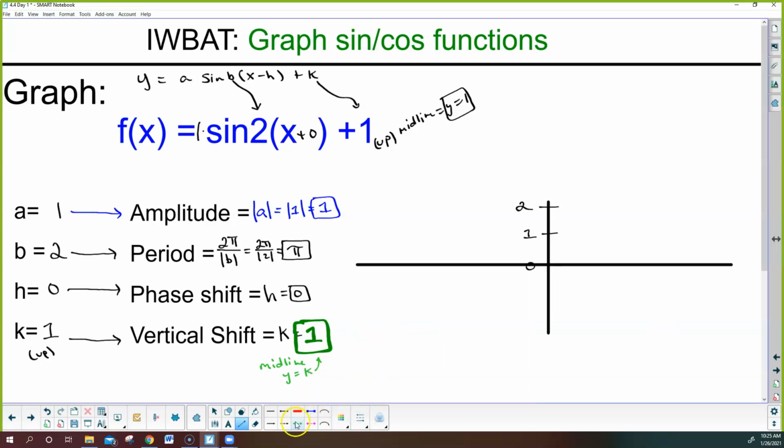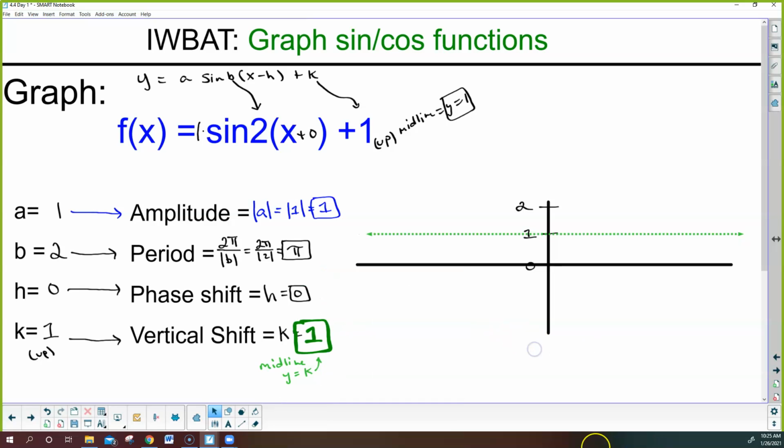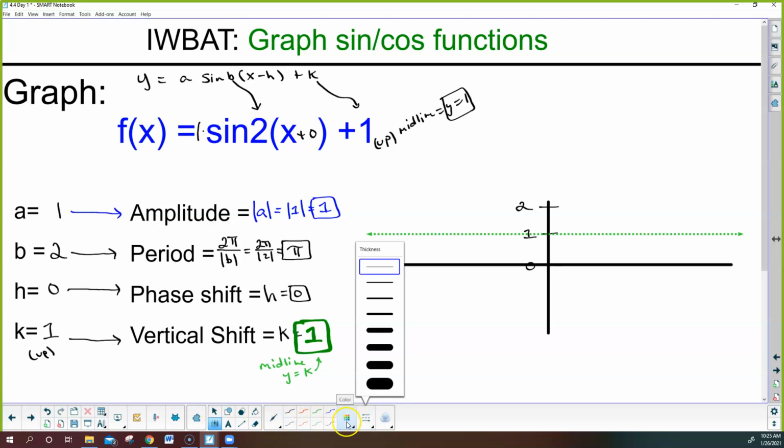So the next thing I'd like to do, we're going to draw in that midline. And if you have separate colors, it might be nice to do that.